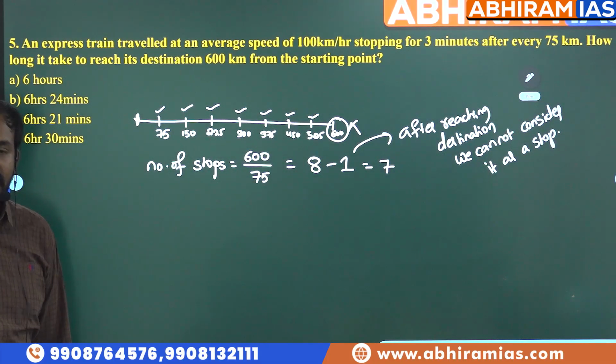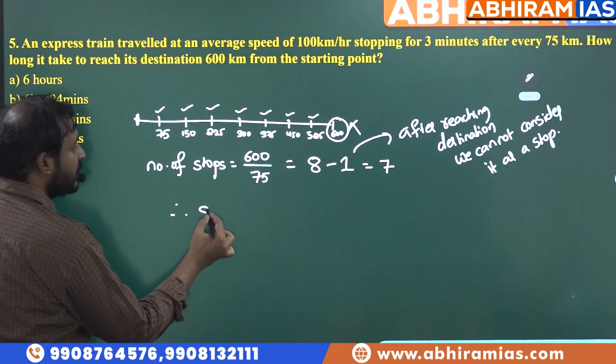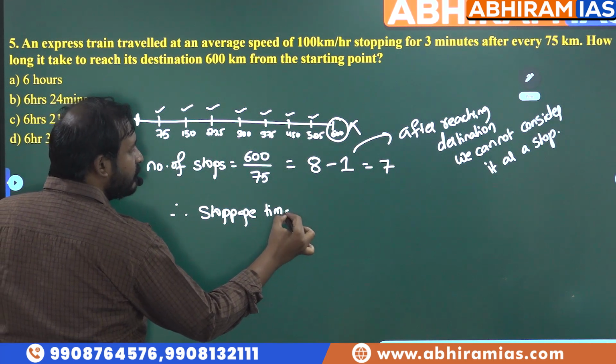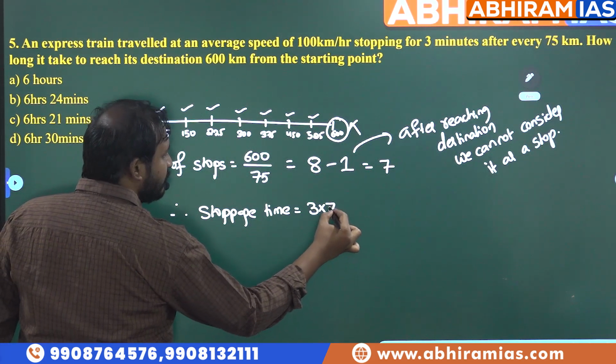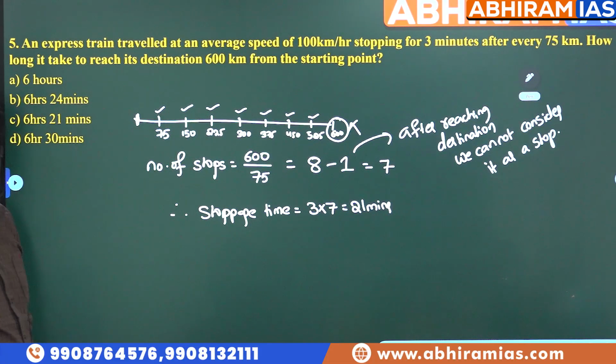There will be 7 stops only, there won't be 8 stops here. We will have only 7 stops. Now therefore stoppage time will be equal to what? Stoppage time will be equal to 3 into 7. That is 21 minutes. So stoppage time is 21 minutes.